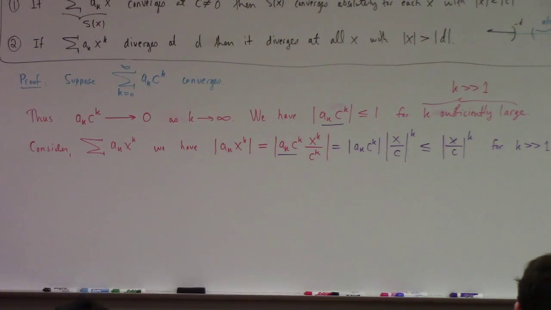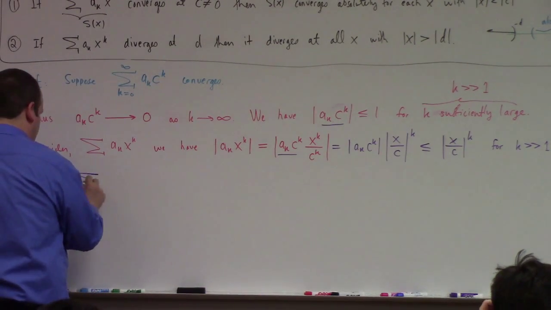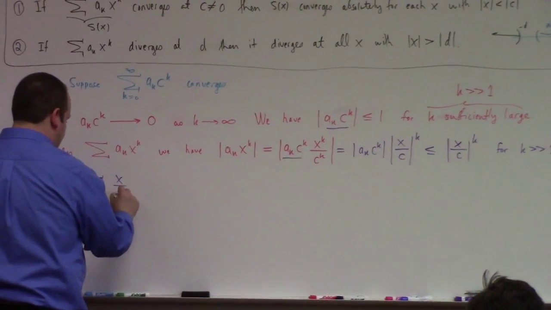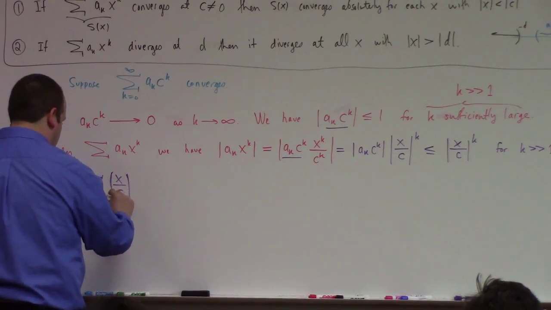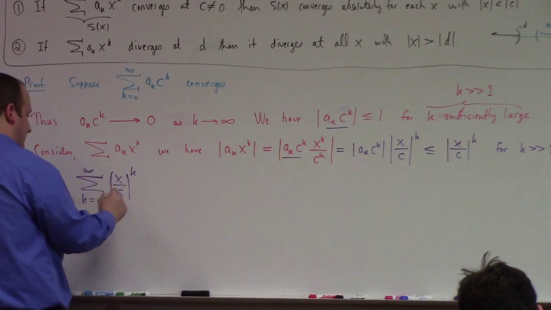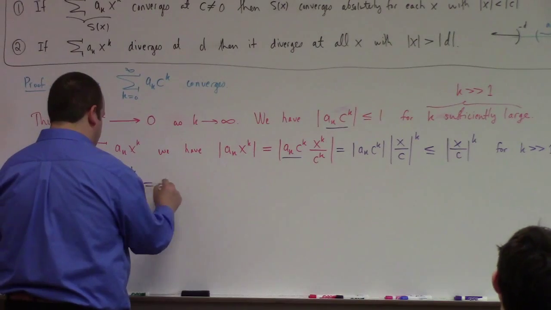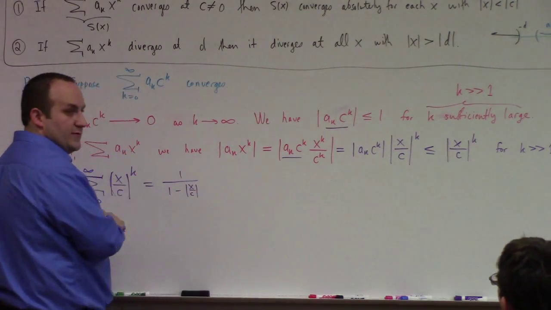And then we can do direct comparison to the geometric series, right? If we look at the sum of absolute value of x over c to the power k, k equals 0 to infinity, that is equal to 1 over 1 minus the absolute value of x over c, provided what?